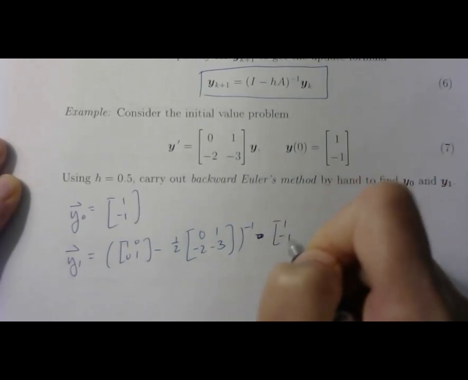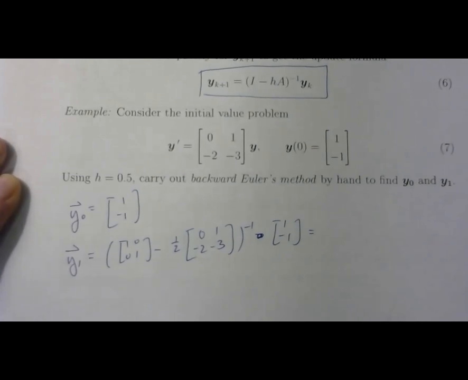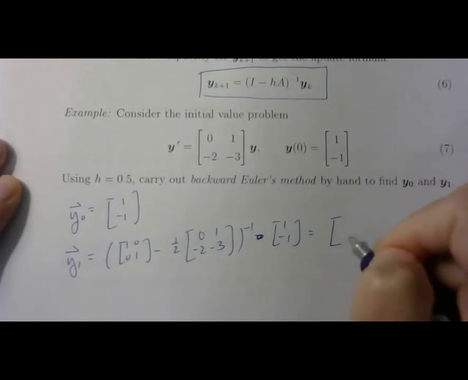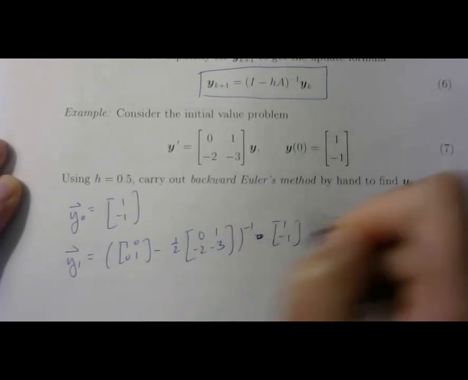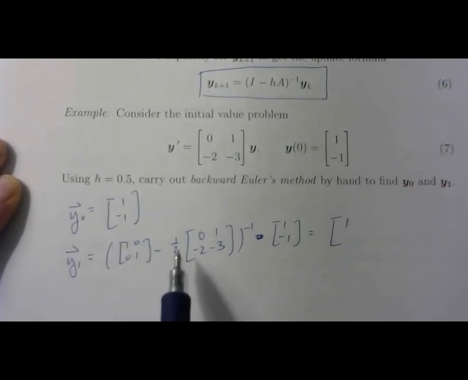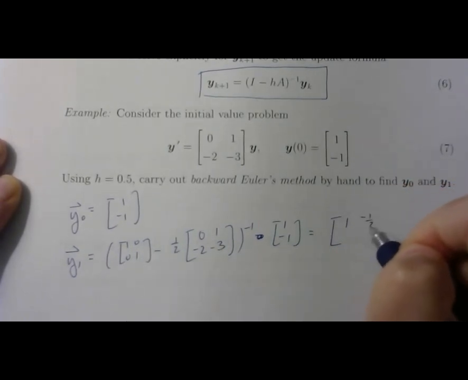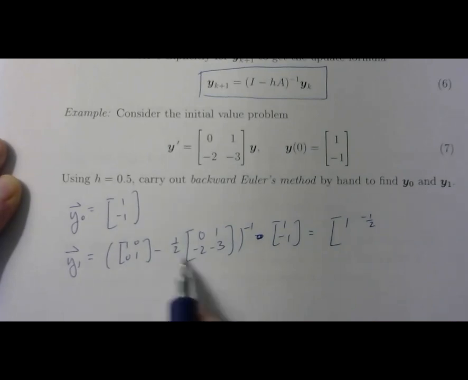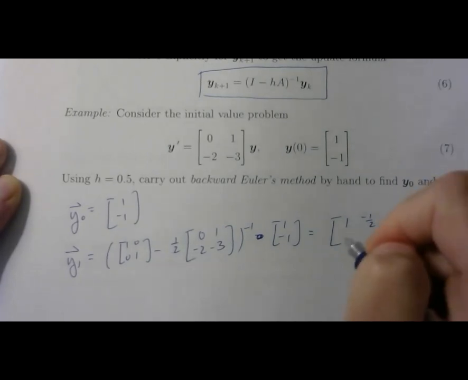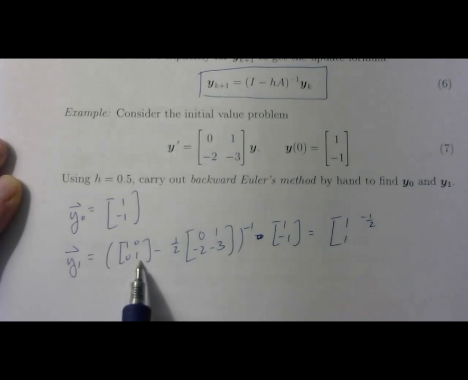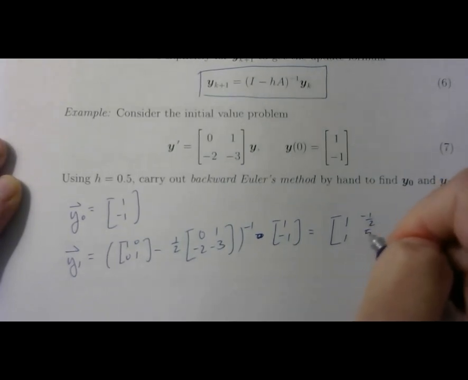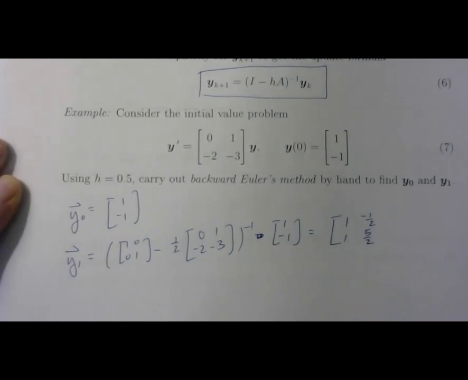Oops, times y_0. So what should this be? 1 minus 0, 0 minus 1/2, 0 minus plus 1, and then 1 plus 3 over 2, so 5/2. Is that right?